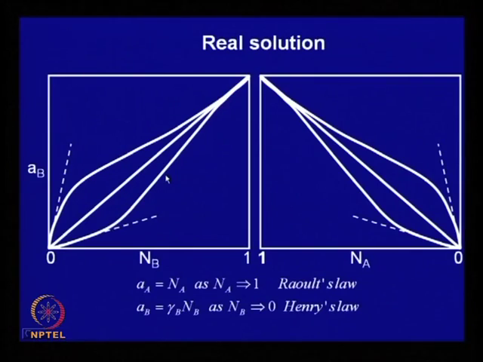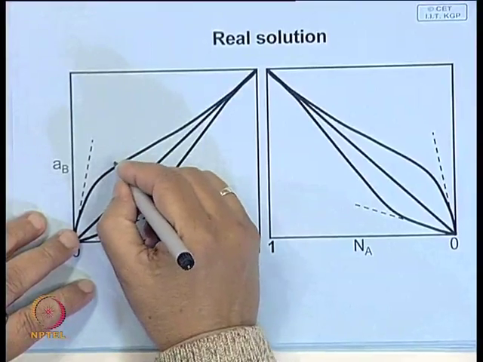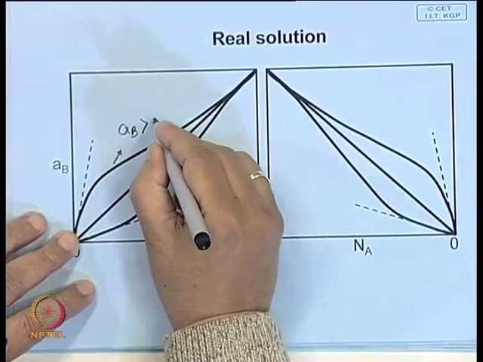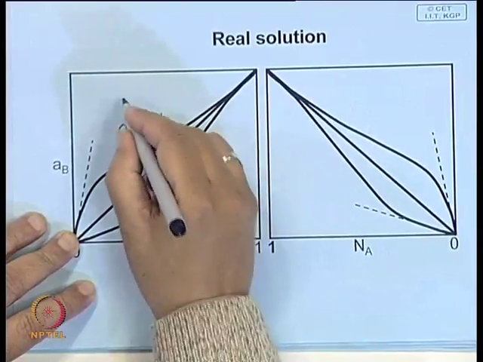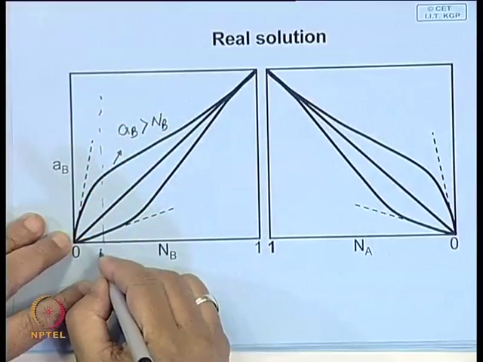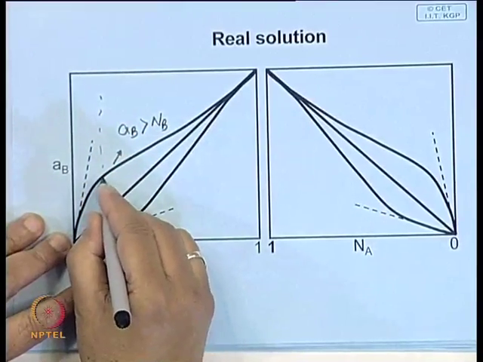So, actually what is happening here in this part, you have activity greater than N B, with any point you take, this is N B, this is the activity.